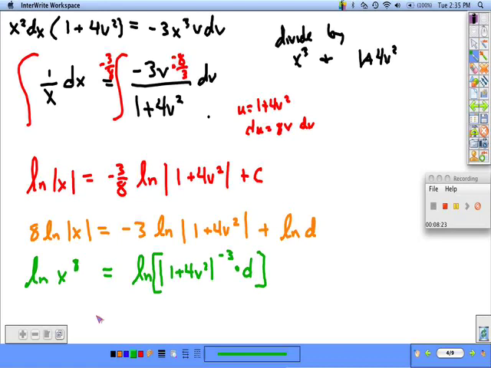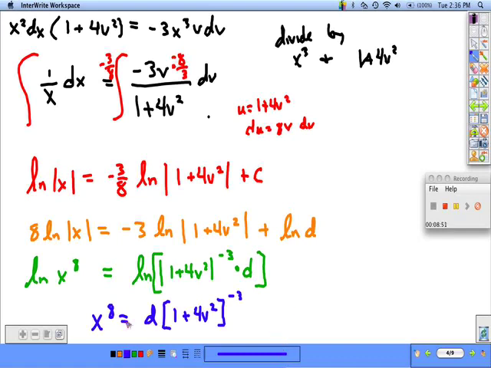And now since we have natural log equal to natural log, the natural logs go away. We get x to the 8th is equal to a constant d times 1 plus 4v squared to the negative third. And this is a solution to that differential equation.